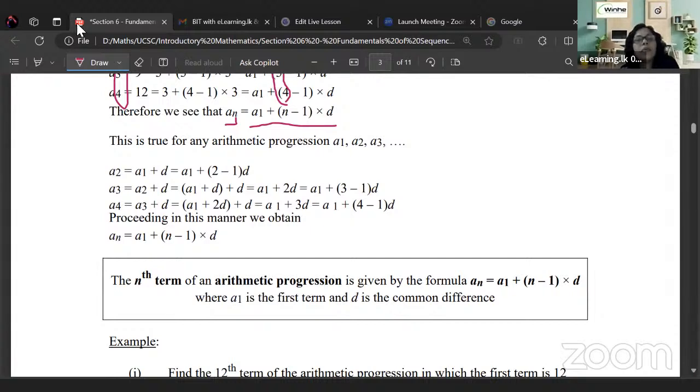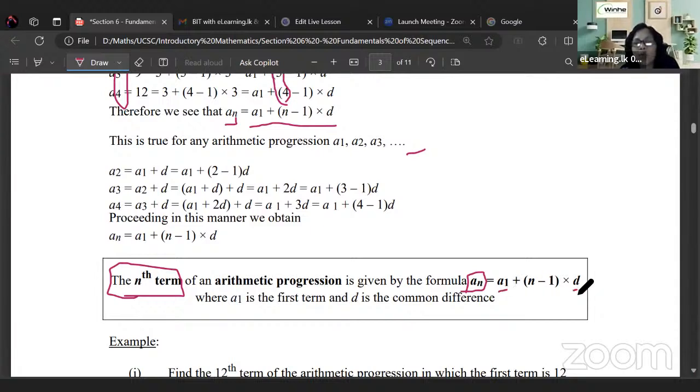Right? So if we know it is an arithmetic progression, we can find any term of it. The general term we denote as an, equivalent to A1 plus n minus 1 into D. A1 is the first term of the sequence.